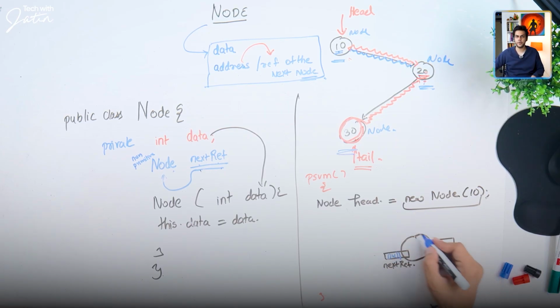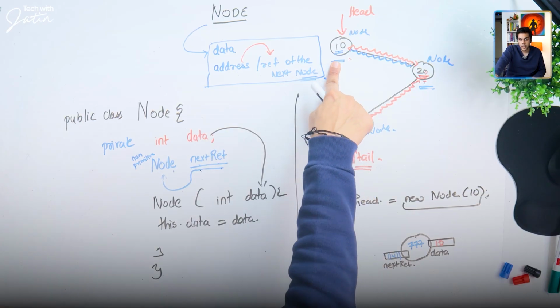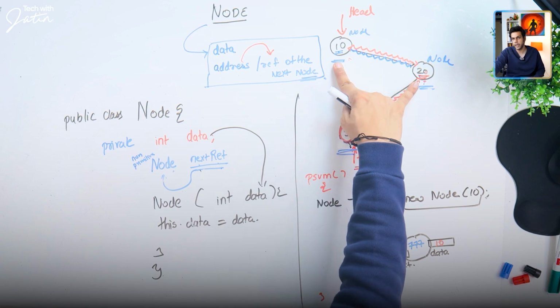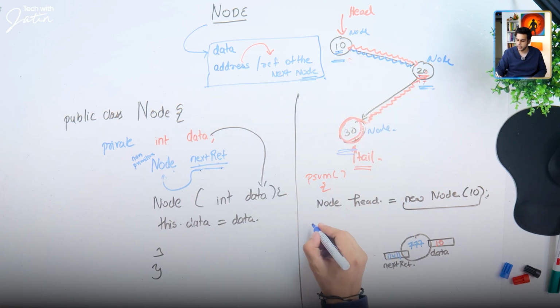So this is my first node which I have created. Now, over here, let's say the hash code is going to be 777. Now, I want to create the next node. So only with 10, as a reference, I can create the next node. So I can say head.